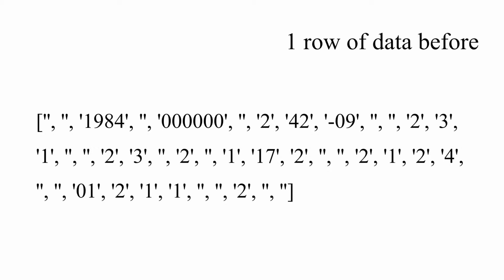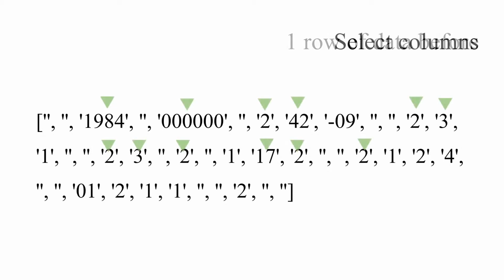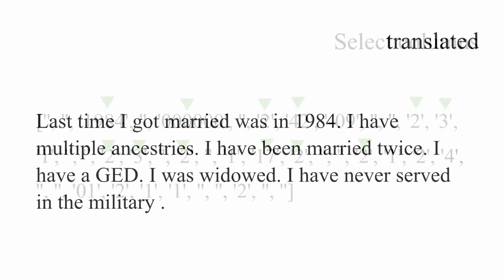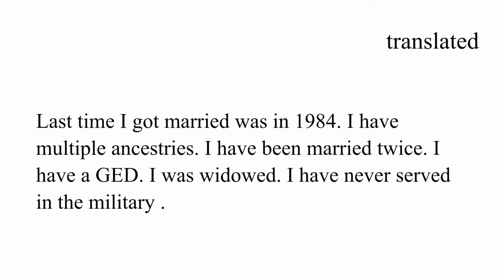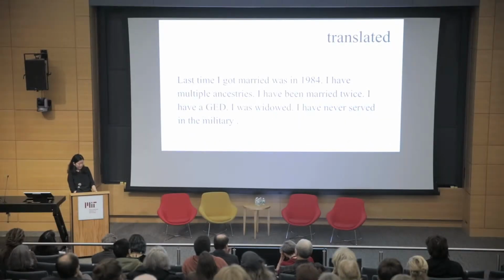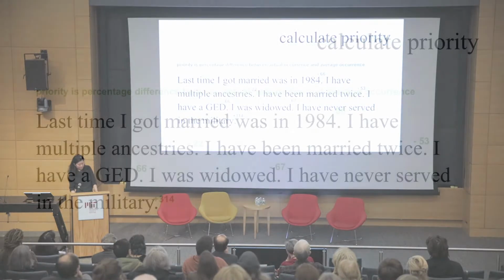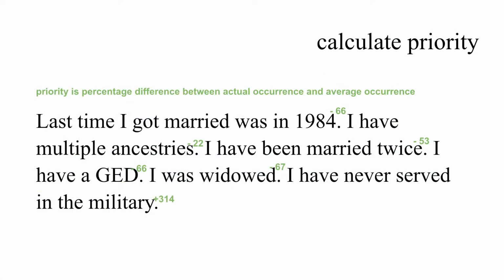So I chose some columns initially based on their content, and I reconstituted the data values using the original survey language so that each line from the previous slide became a paragraph. For each value, I then calculated a priority score based on the difference between the actual occurrence of that value and the proportional occurrence.